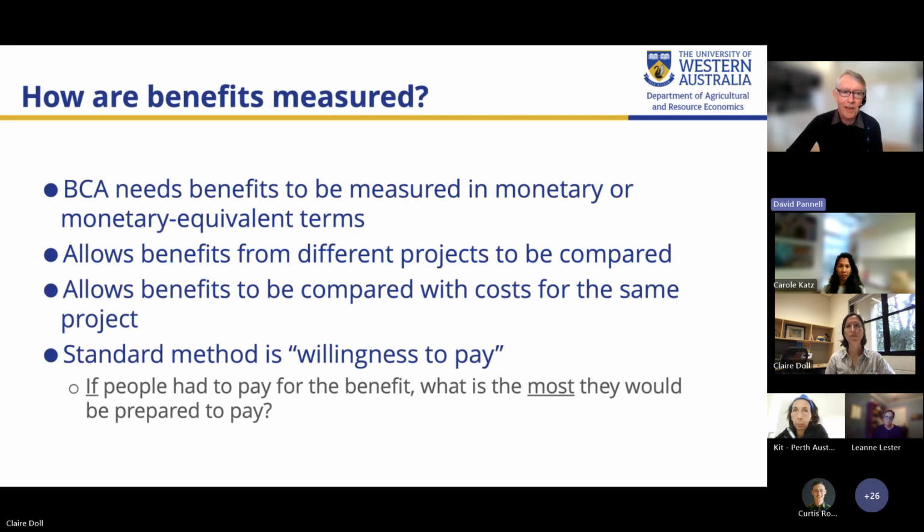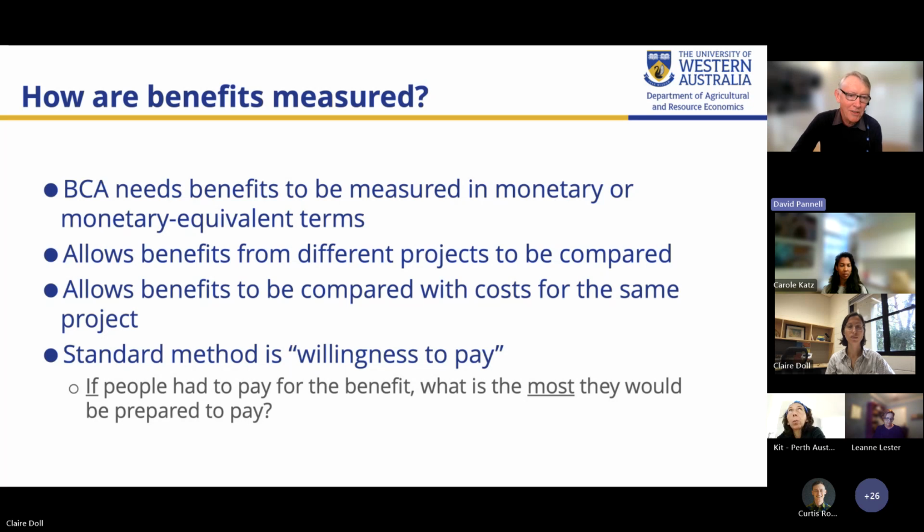Now, one of the things that we have to worry about is measuring the benefits, and so where possible, when we're doing a benefit cost analysis, we would like to measure the benefits as well as the costs in monetary terms, or at least in some monetary equivalent terms, and we'll talk a little bit more about that.